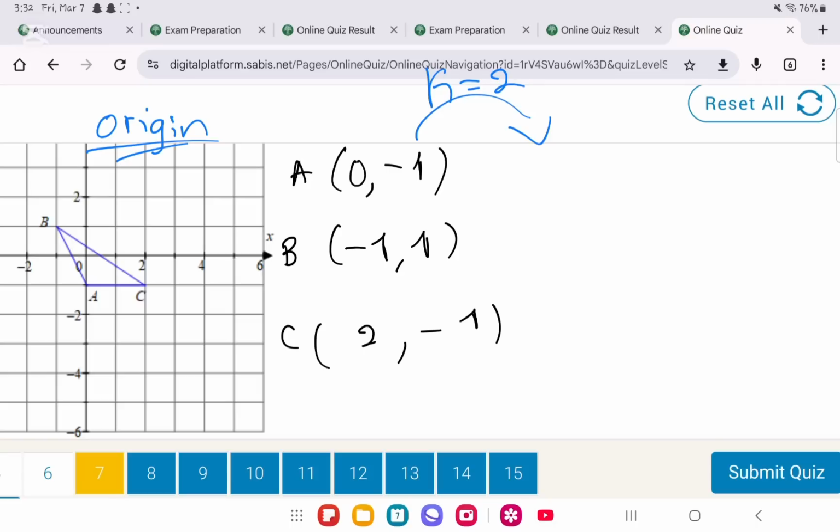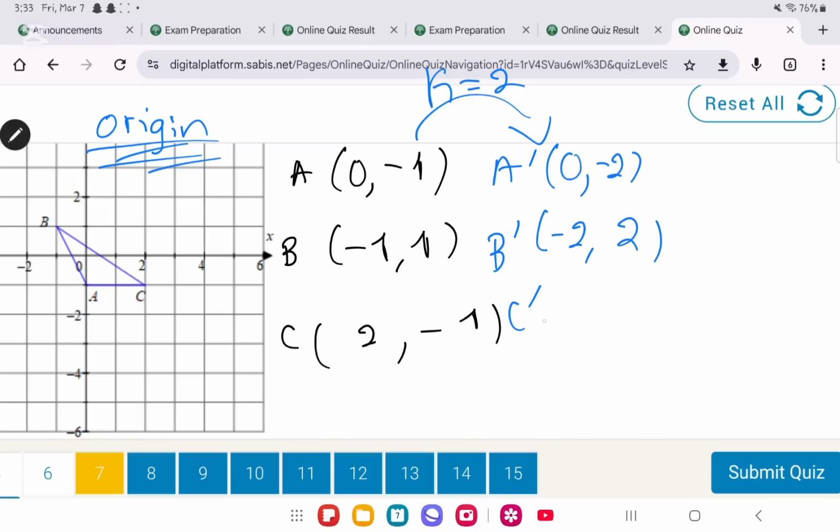So with the scale factor being 2 and it is an enlargement from the origin, you're just gonna multiply both x and y by 2. So a prime, b prime, c prime, you will get 0, minus 2, you will get minus 2, 2, and you will get 4, minus 2.